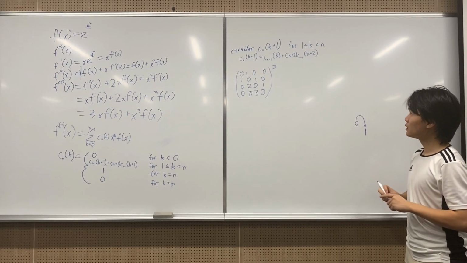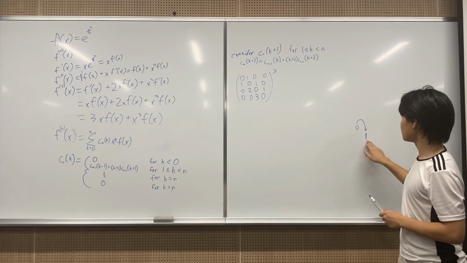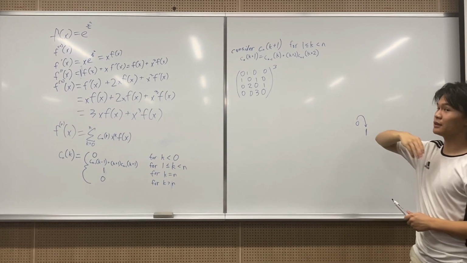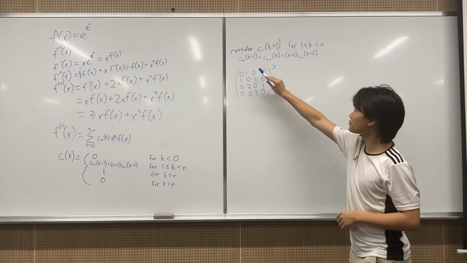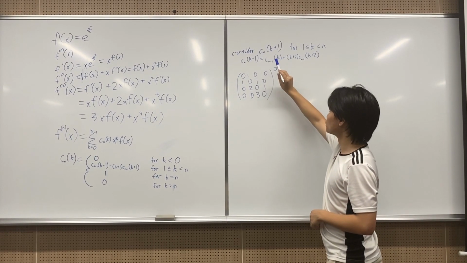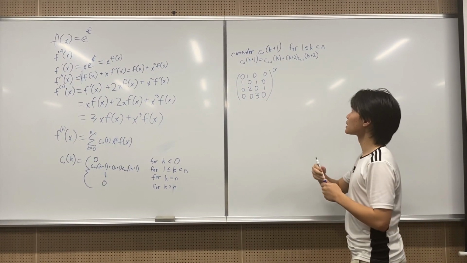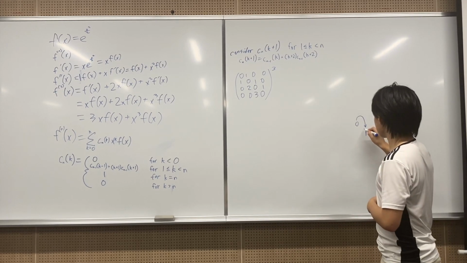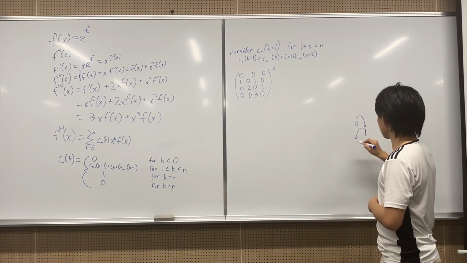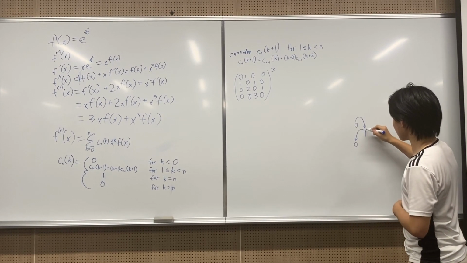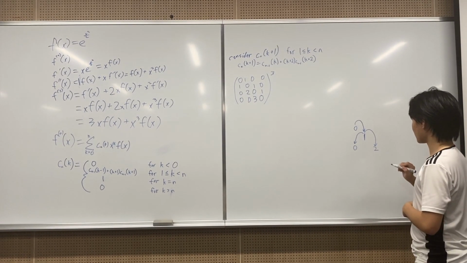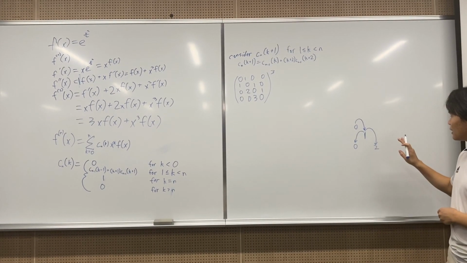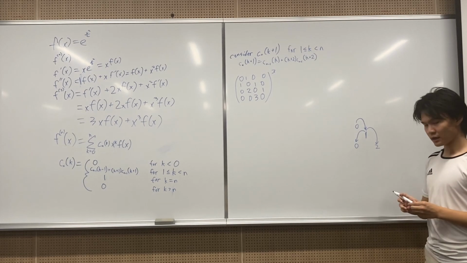And this constant 1 term, because in the next derivative, it'll contribute to both sides of it. This will contribute to also the constant term and also the second order term.